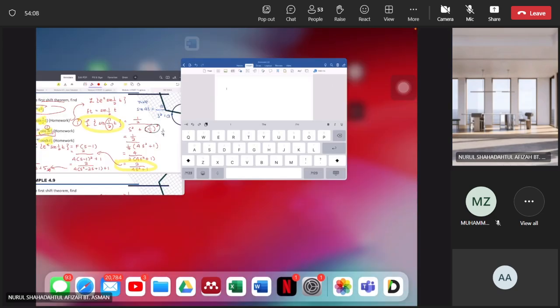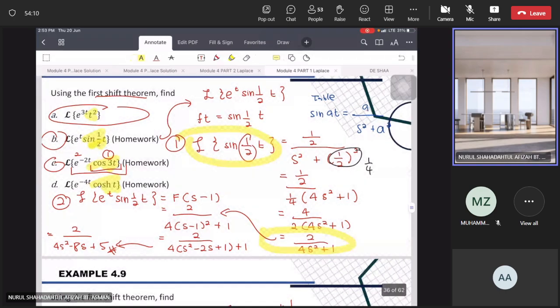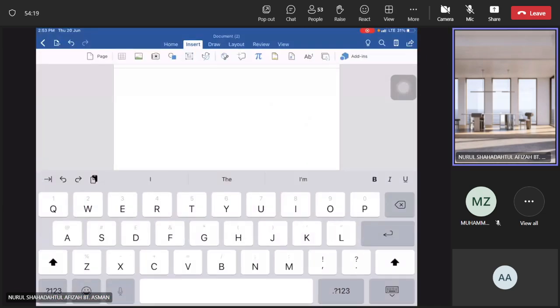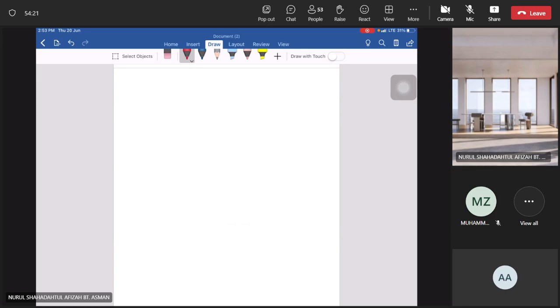So for question C, e^(negative 2t) cos 3t.